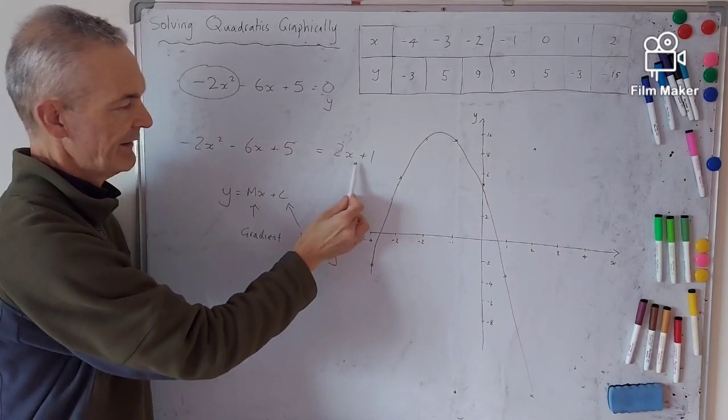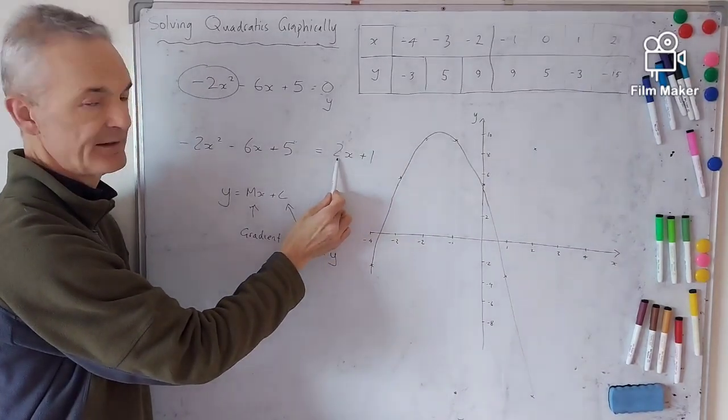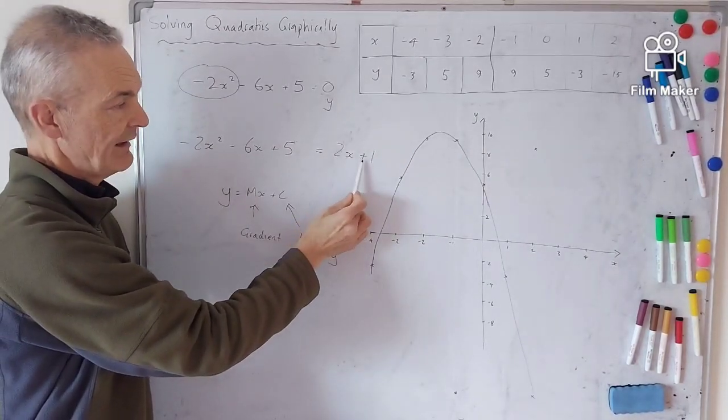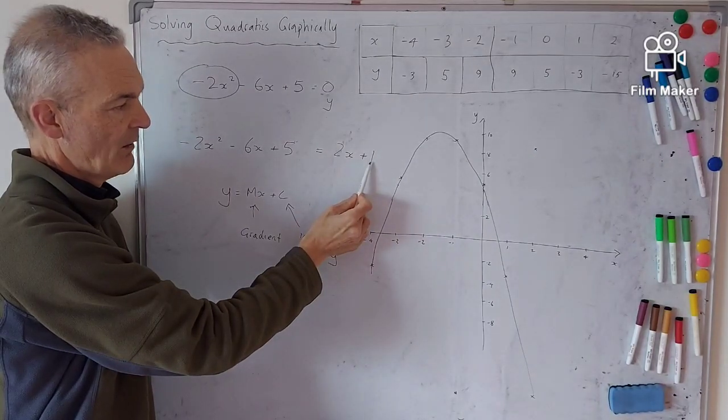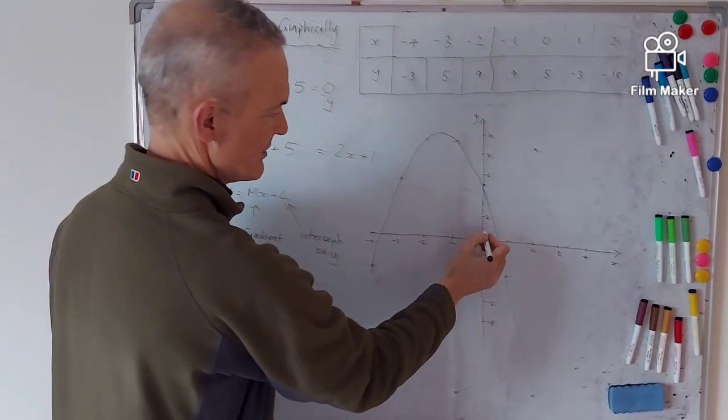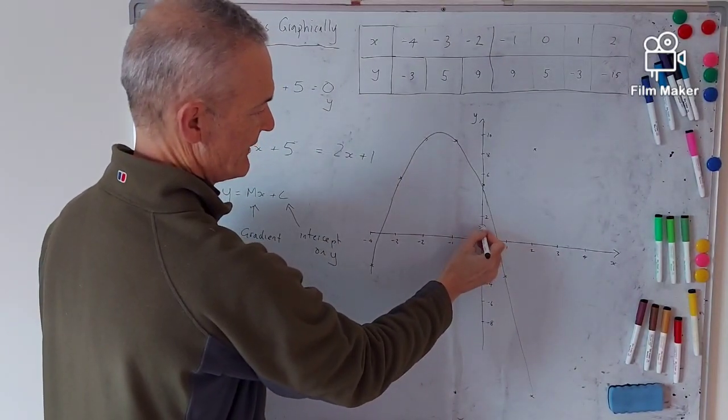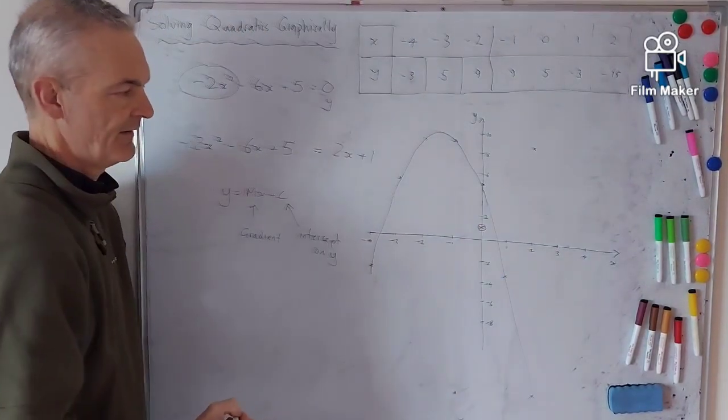Okay, so what it's telling you is that we've got a gradient of 2, and this line crosses the y axis at 1. So we know that it's going to go through that point there. So I'm going to put that one on there.